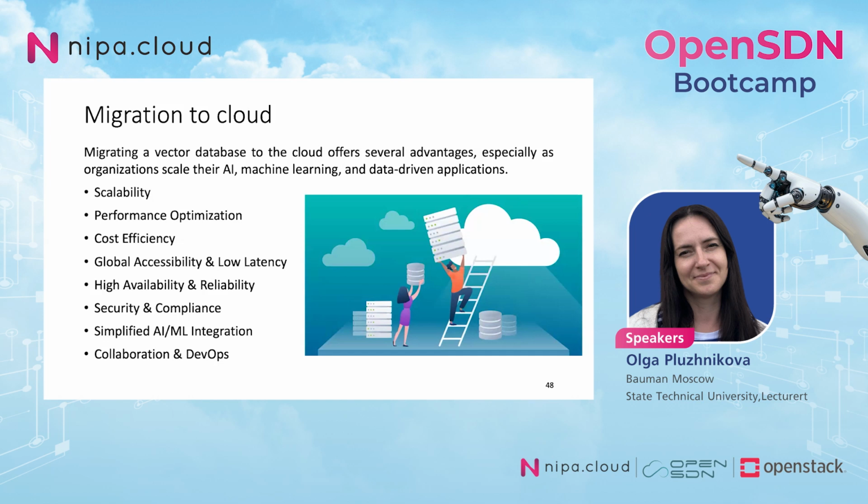Global accessibility and low latency. Serve global users with low latency access by deploying vector databases closer to end users. Easily connect to other cloud services for end-to-end workloads. High availability and reliability. Cloud providers offer replication, failover, and disaster recovery options to ensure uptime.